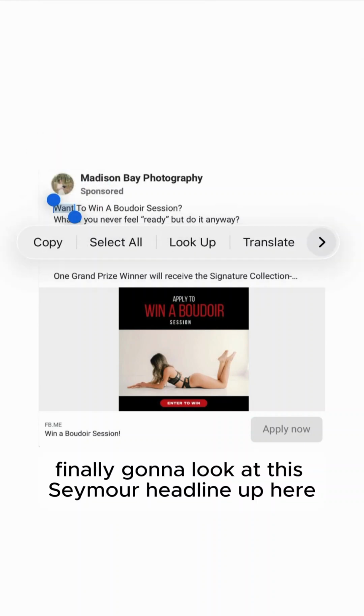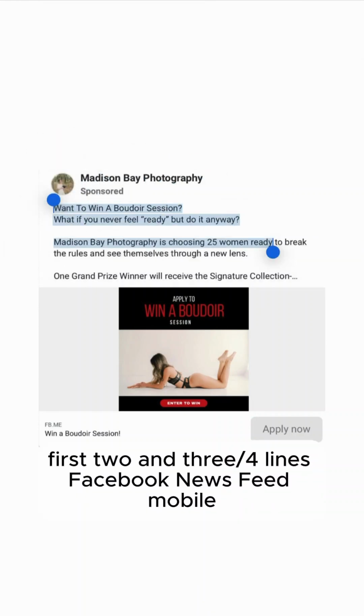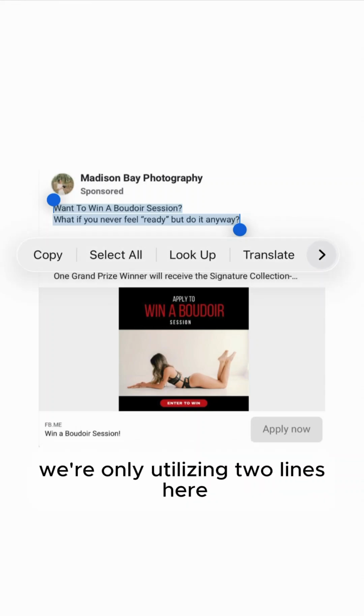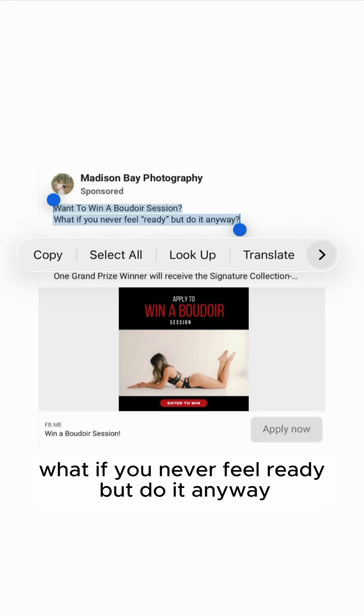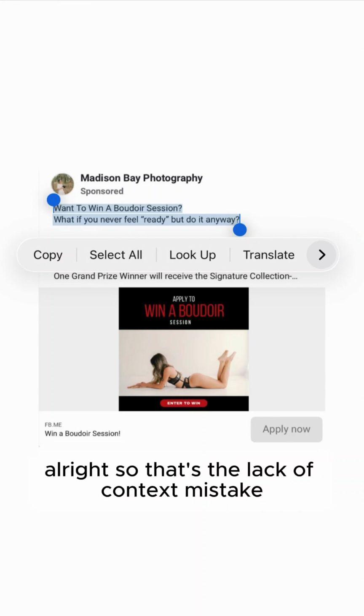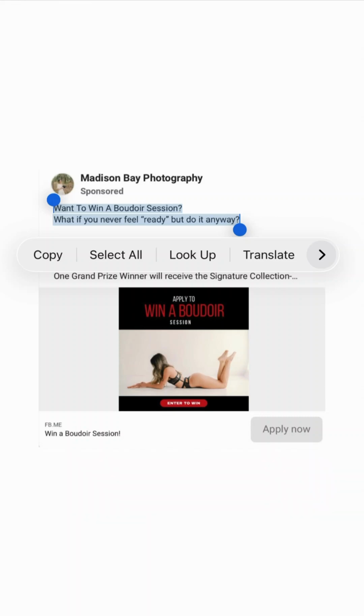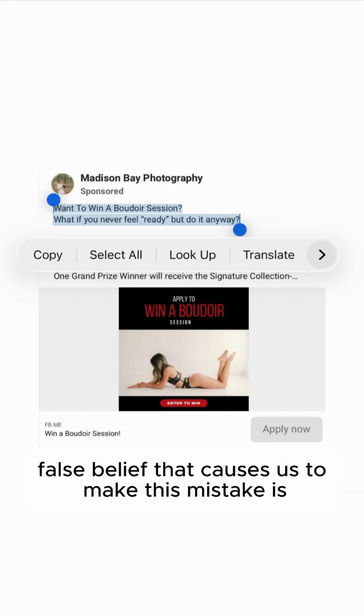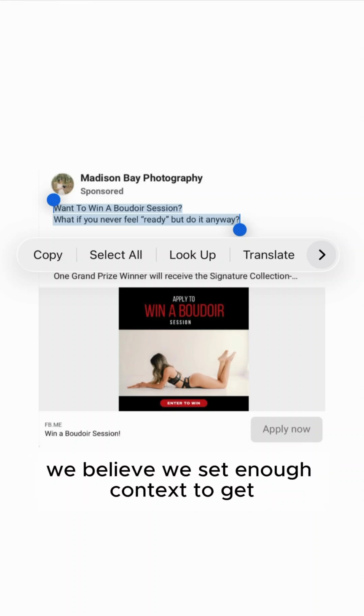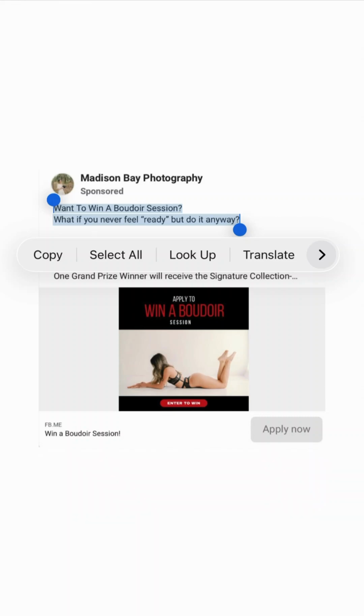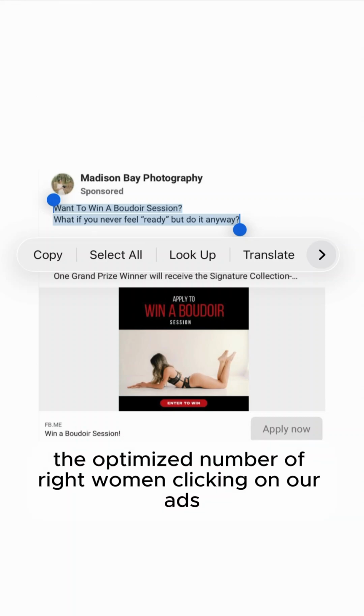Finally, going to look at this See More headline up here. First 2 3/4 lines, Facebook newsfeed mobile. We're only utilizing 2 lines here. Want to win a Boudoir session? What if you never feel ready but do it anyway? All right, so that's the lack of context mistake. The false belief that caused us to make this mistake is we believe we set enough context to get the optimized number of right women clicking on our ads.